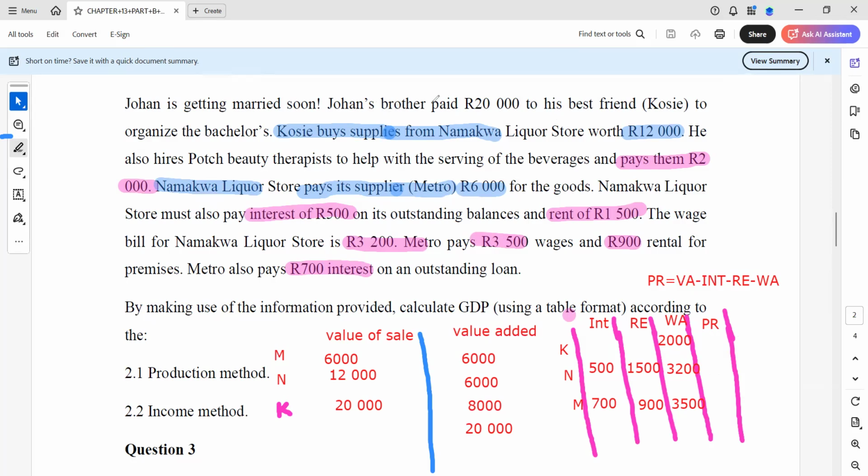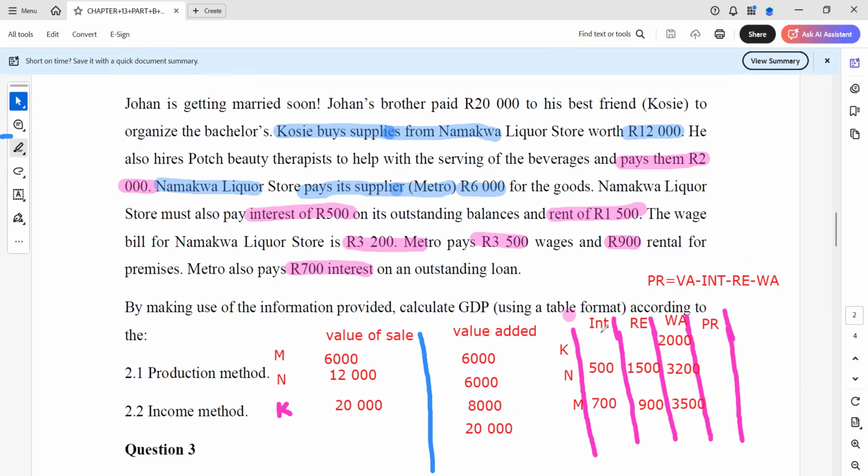They said here Jonah's brother paid 20,000 to his best friend Kosi to organize the bachelor. So this is the initial amount that Kosi was given, right? So the value which is added by Kosi at this stage is 8,000. To get the profit, remember we said value added minus the interest, minus the rent, minus the wages, right?